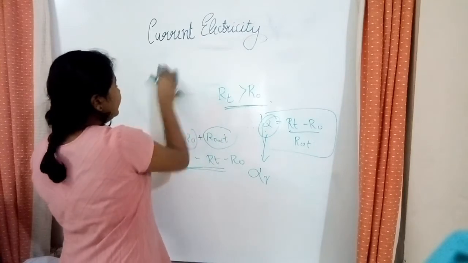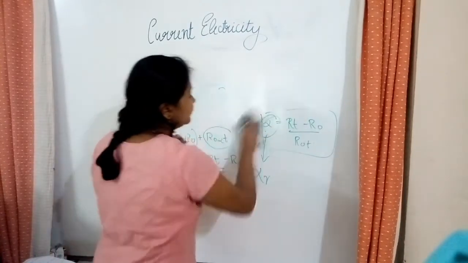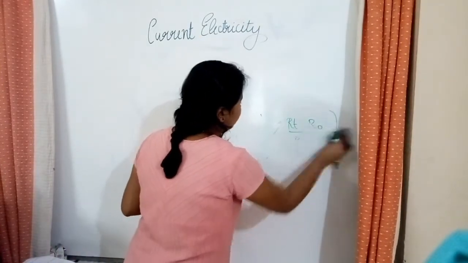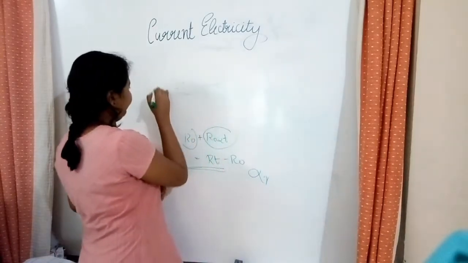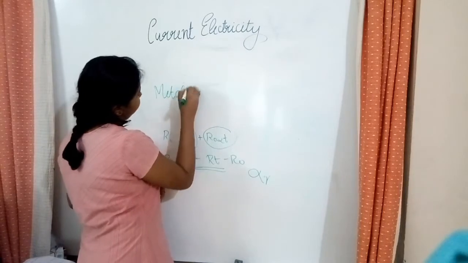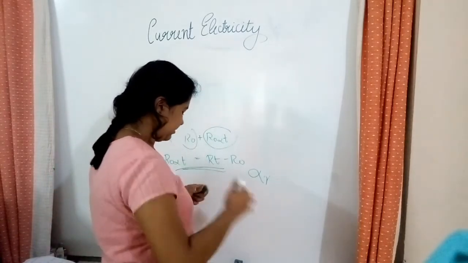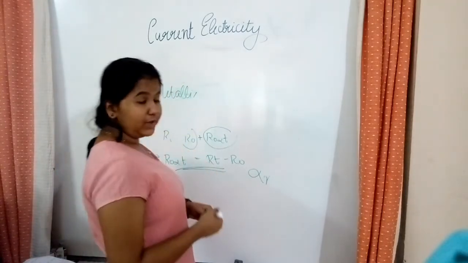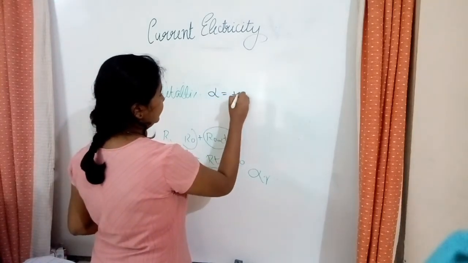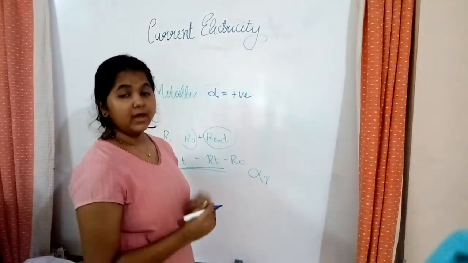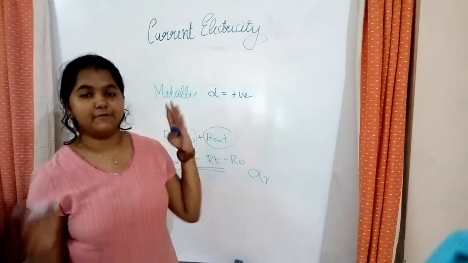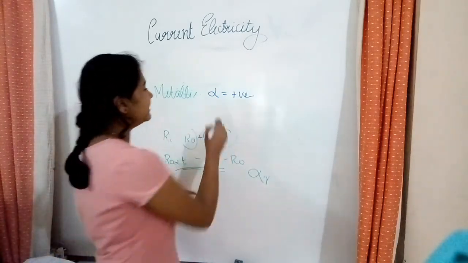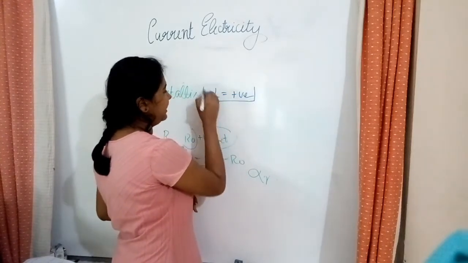First we discuss metallic conductors. For metallic conductors, let's write the value of alpha is positive. We discussed before, as temperature increases, resistance and resistivity of a metallic conductor increase, and therefore alpha is a positive value.